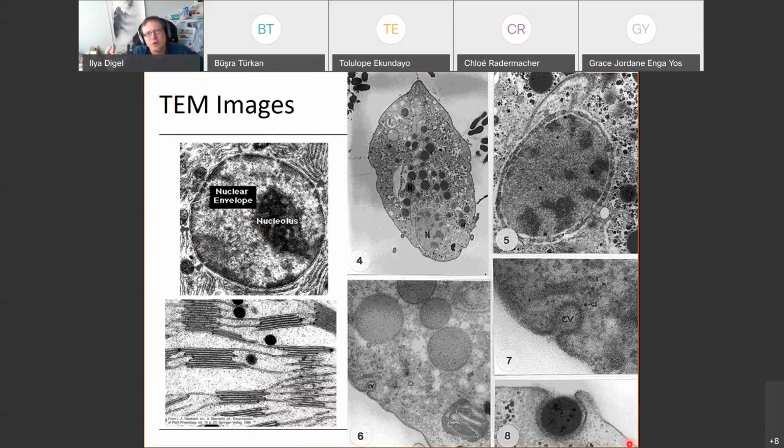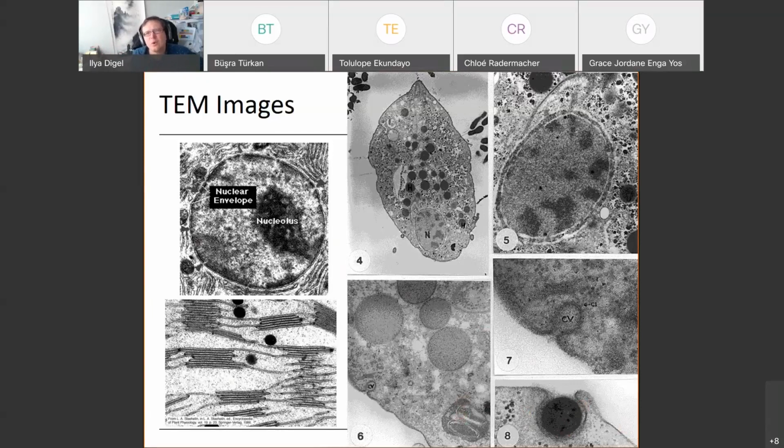Exactly the event when the virus interacts with the cell, and we can even see which receptors it can use. So really fantastic possibilities can open if you use transmission electron microscopy.